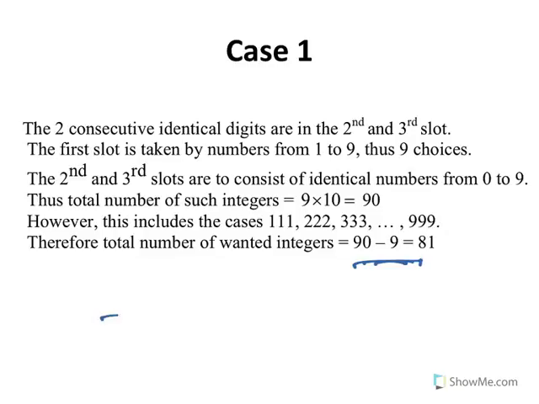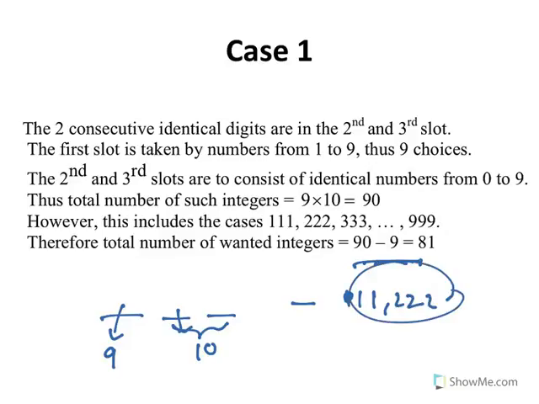For the first choice you have 9 cases; for this one you have 10 choices, but you need to subtract away 111, 222, a total of 9. That's why it's 90 minus 9. I hope I didn't confuse you. Stay close, that's for the first case.